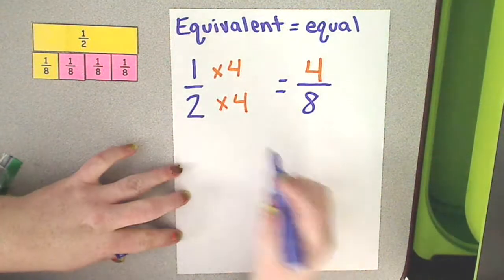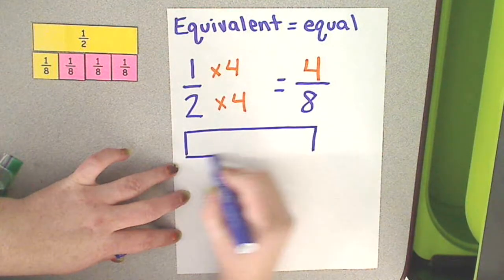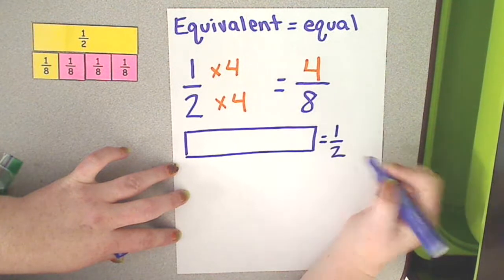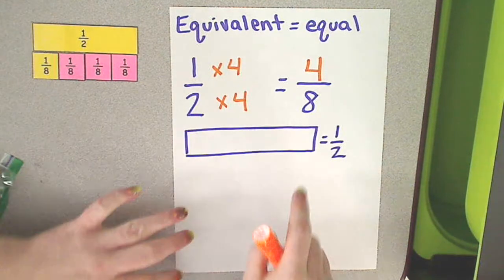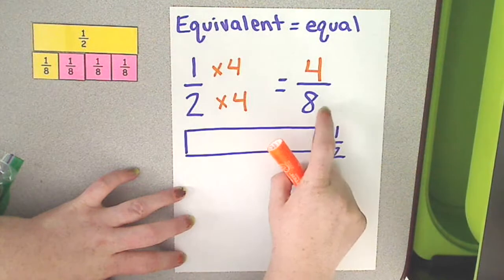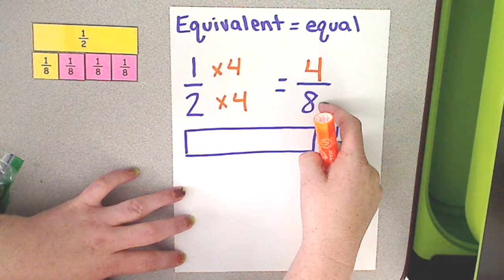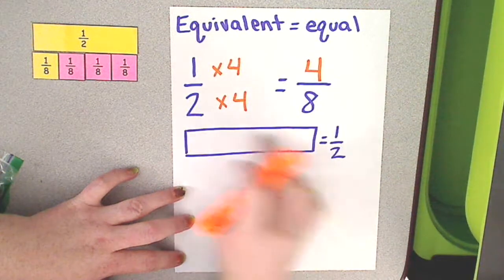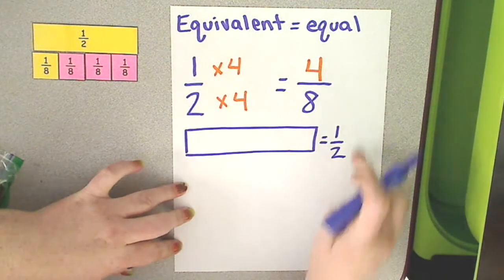So if I drew a bar, and I said that this bar equaled 1/2, and I am trying to turn this 1/2 bar into 4/8, I need to alter this a little bit, because 1/2 is one piece out of 2.